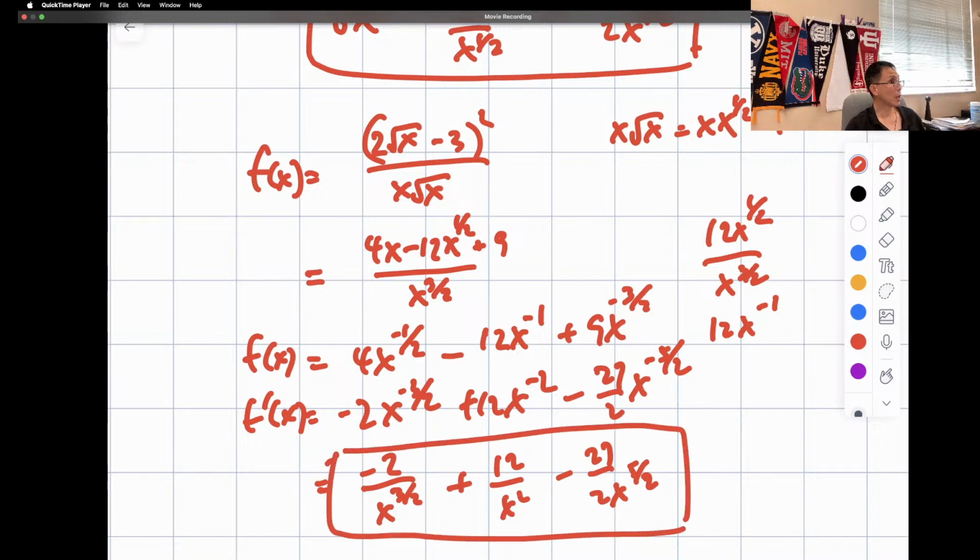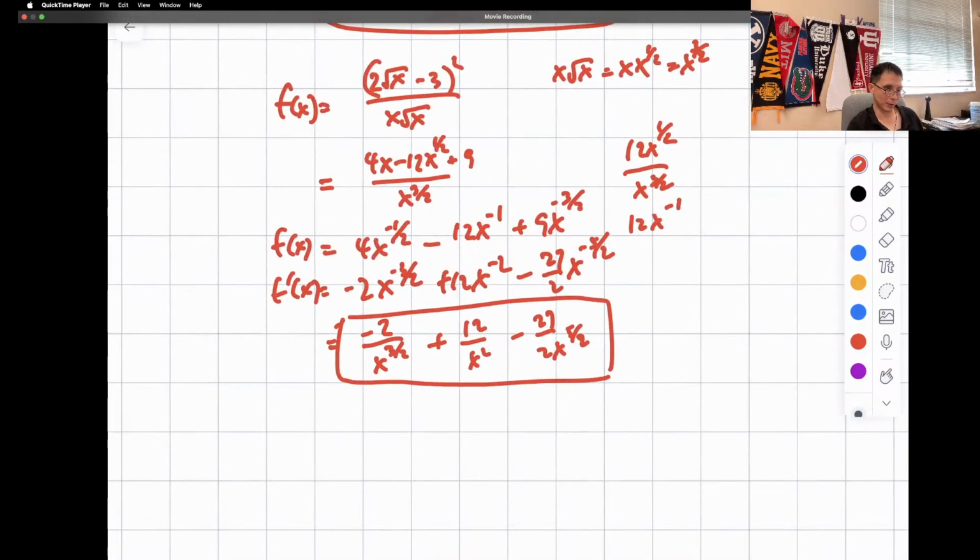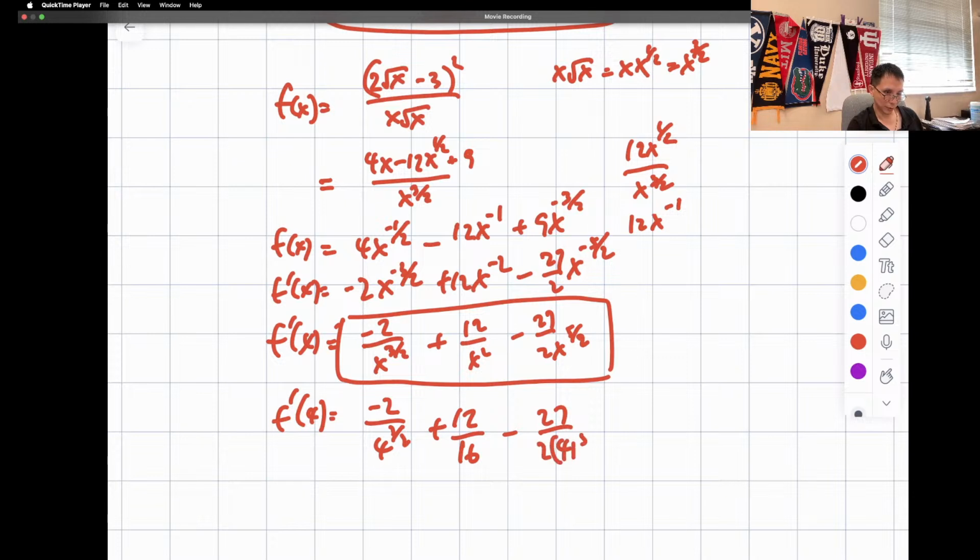Would you prefer us to leave it as x to a power, or do you want x times square root? I prefer rational exponents, because if I want to find f prime of 4, then it'll be negative 2 times 4 to the 3 over 2, as long as you can figure out what 4 to the 3 over 2 is, plus 12 over 16, minus 27 over 2 times 4 to the 5 over 2 power.